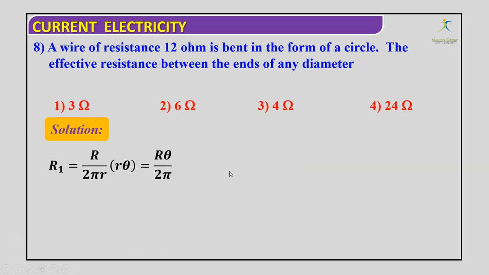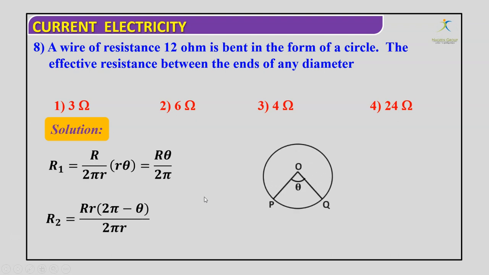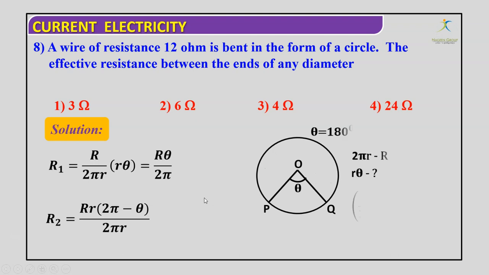So R1 is equal to R by 2 pi into r theta. That means we can say r theta by 2 pi. If we put all these values, small r, 2 pi minus theta, like this. So here theta is equal to 180 complete and we just bend a little bit.